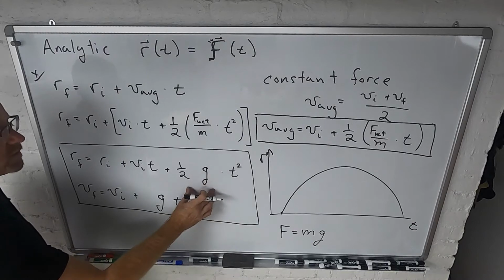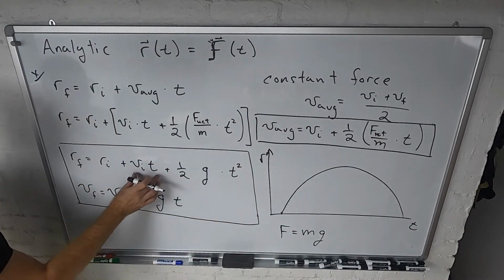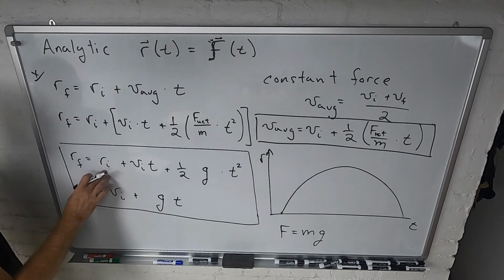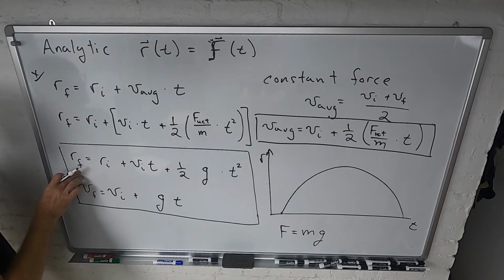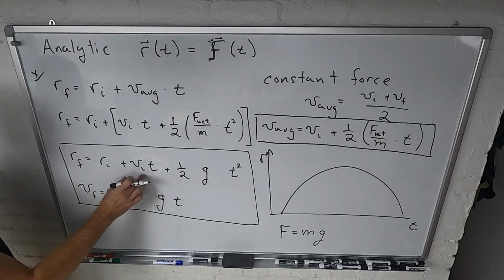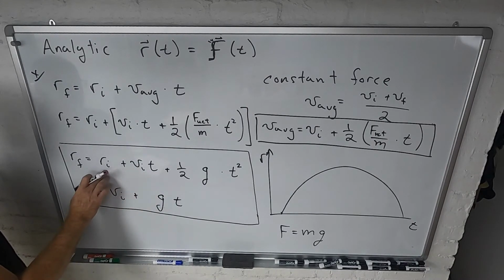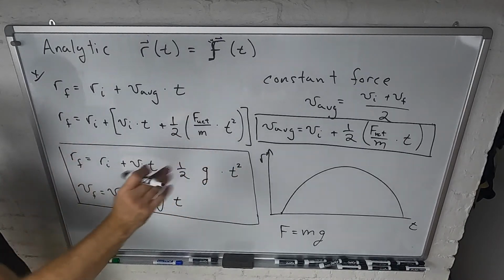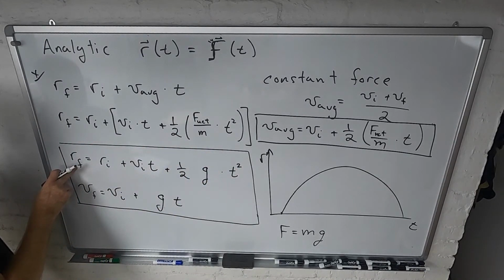We multiply the acceleration by time squared. We multiply our initial velocity times time. We have the initial position. We have the final position. So if I know something about how fast I'm going, where I started, and what the force is, I can tell you for all time what the position is.